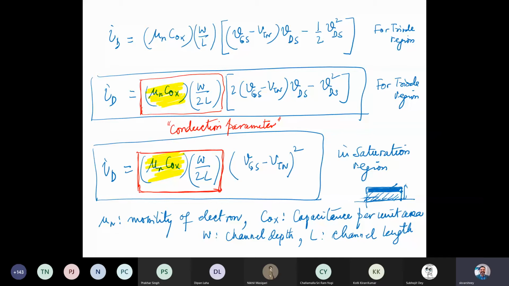So sometimes we call these transconductance parameters.